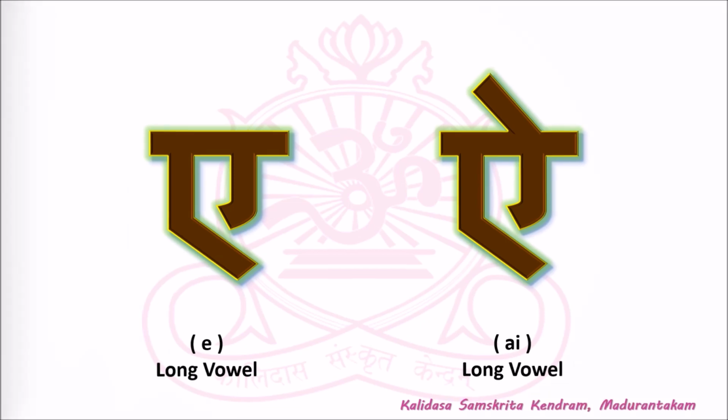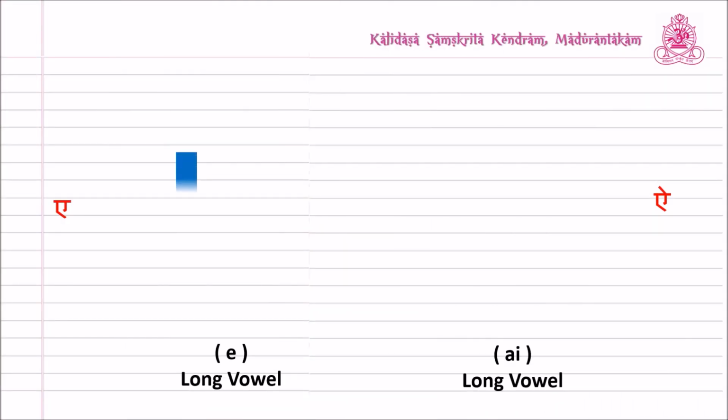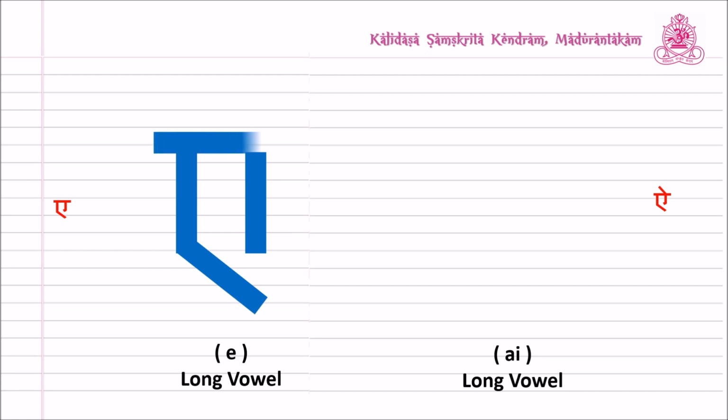I is also a long vowel. See this. You will learn how to write A and I. Both are long vowels.